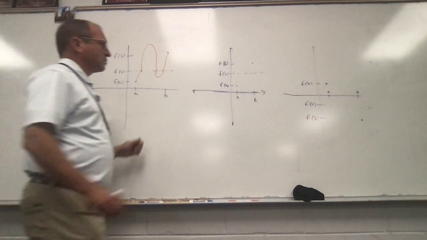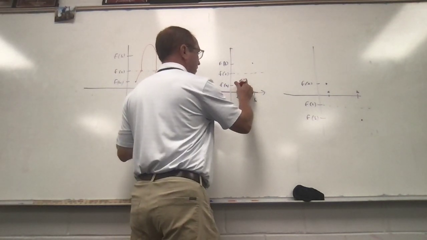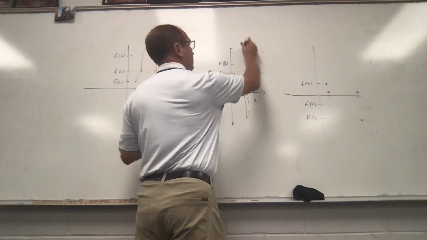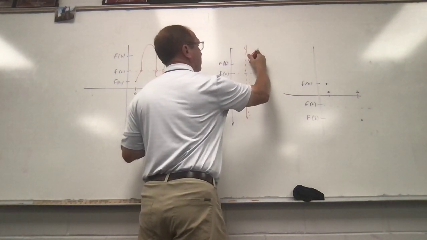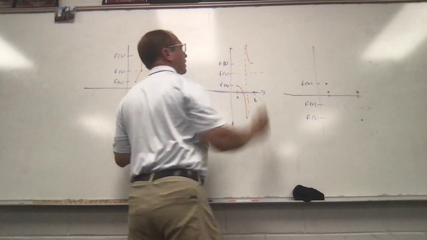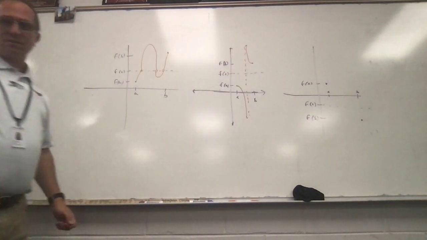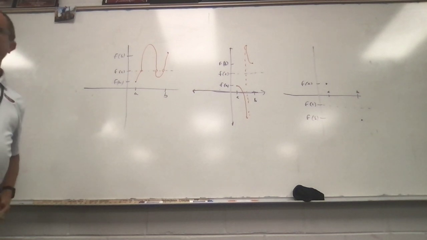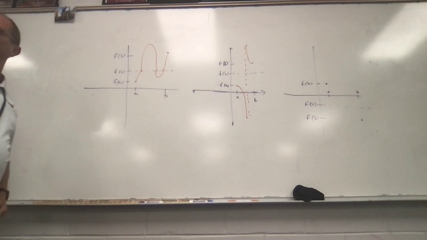What if we did this? What if I started here and I said, okay, I'm going to go down right here, and then all of a sudden I'm going to come up from here, and that's going from f of a to f of b without touching f of c, right? Anything else?